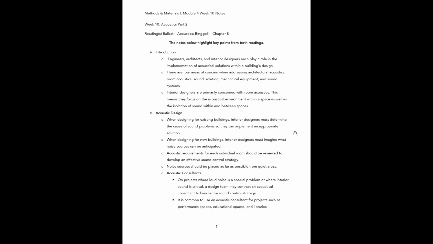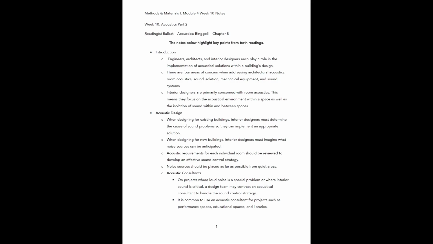But when we are designing for new buildings, we need to imagine what noise sources can be anticipated within that space. So let's say we're working on a project for a new ground up building. Nothing is built yet, but we can use some observations in order to tell what kind of acoustical needs we will have to consider for the final design of the space. For example, is the building site located in a noisy area?